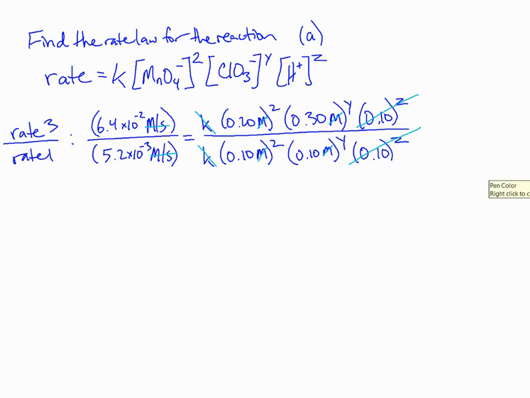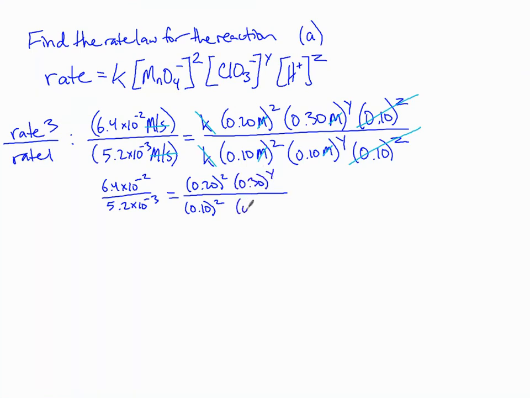I'll rewrite what we're left with: 6.4 times 10 to the minus 2 over 5.2 times 10 to the minus 3 equals 0.2 to the second power over 0.1 to the second power, times 0.3 to the y over 0.1 to the y.